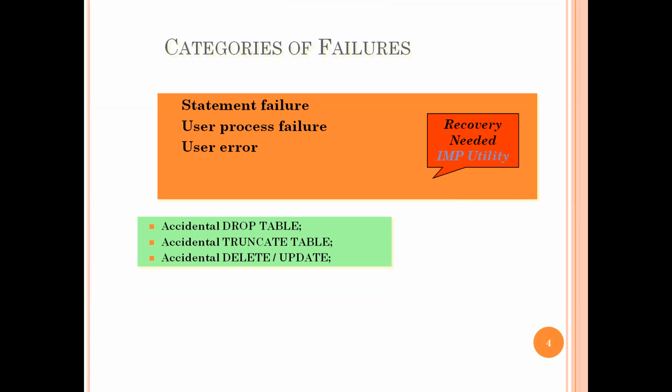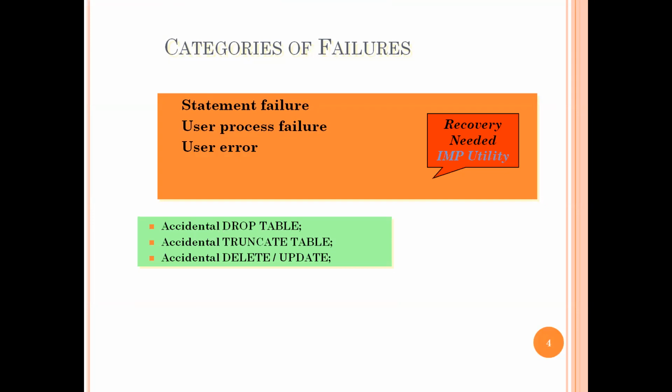So if you have an export backup, then you can use that backup and import the table which was impacted. Say for example, somebody dropped the table or somebody truncated the table. You have a backup just before that one or a few days older, then you can use that utility to get the table back.